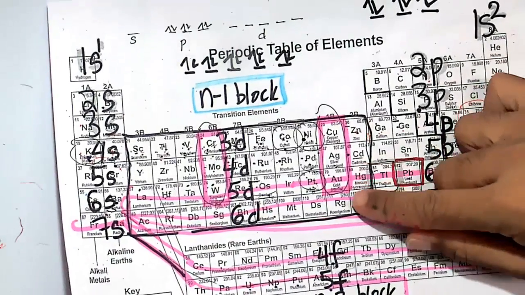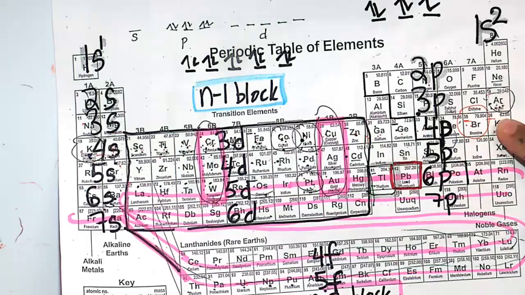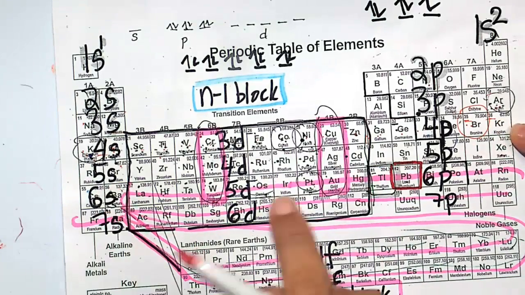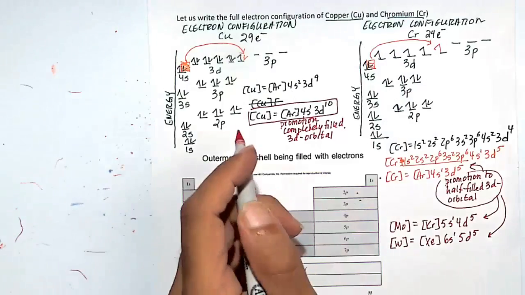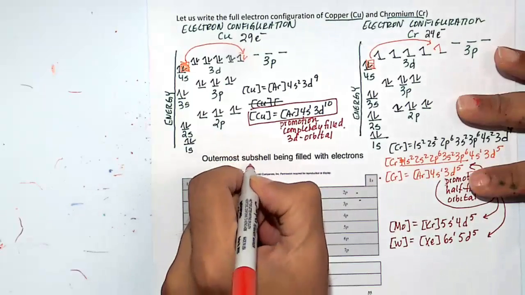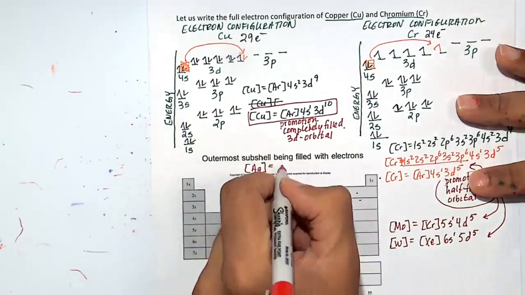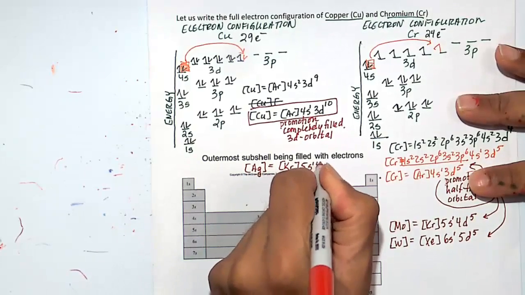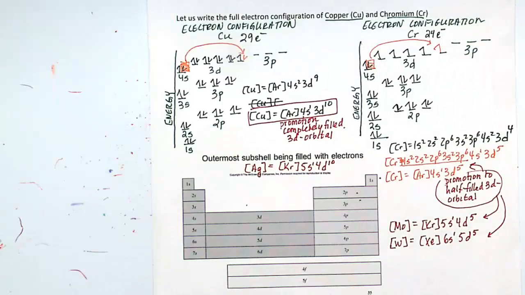Having said that, we can do the exact same scenario for silver and gold. Let's do silver. Everyone watch. Silver is going to be krypton 5s1, 4d10, self-promotion. Okay, that's going to be silver. Everyone see that?